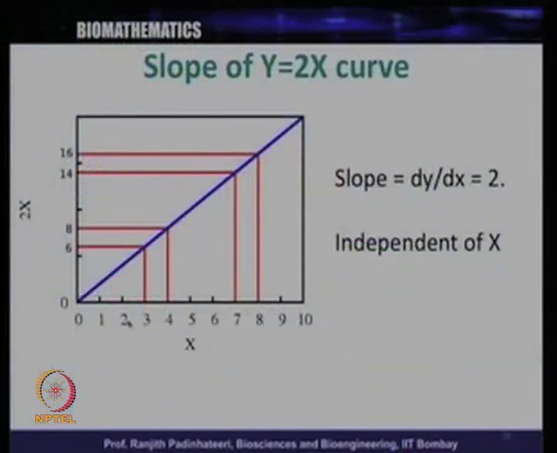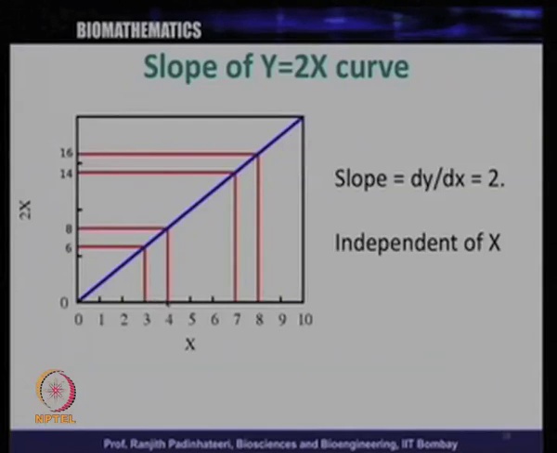Now, let us take the y equal to 2x curve, have a look at this. Just like what we did before, let us start from 3 and calculate the corresponding y value. The function here is y equal to 2x. Since y is twice x, if you have 3 you get 6, and if you have 4 as the x value, the corresponding y value is 8.